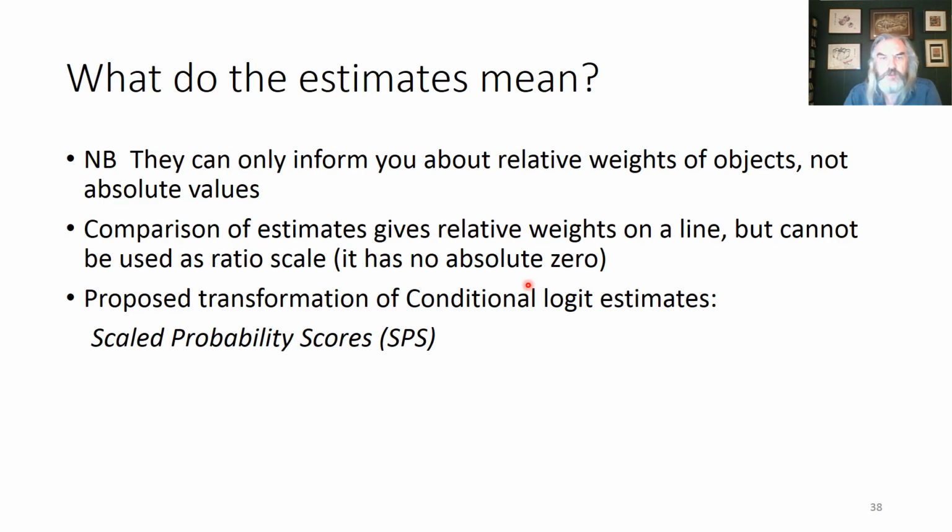Well, the first and most important thing is that those coefficients, whether they've been generated by counts or by estimation, can only inform you about relative weights of objects, relative to each other, not absolute values. The reason is that on those parameter estimates there is no absolute meaning of, say, 0.